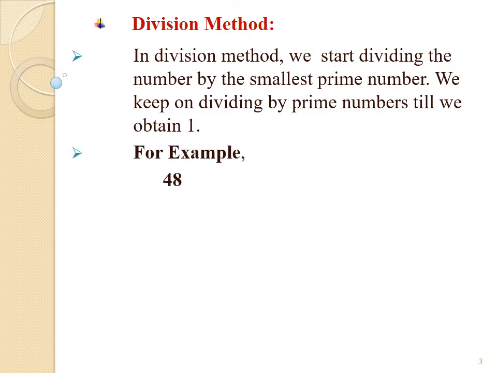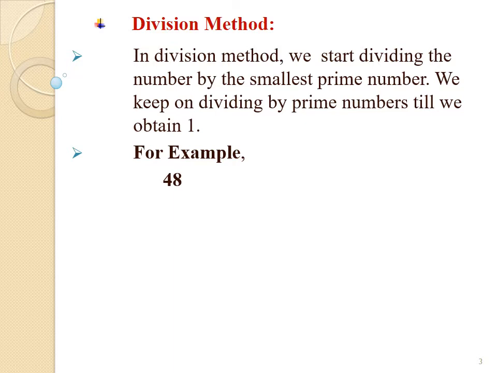Students, in order to factorize a given number 48 by division method, first of all, we have to draw two lines. They are horizontal line and vertical line. Students, after drawing these lines, we have to write a given number 48 inside the line.